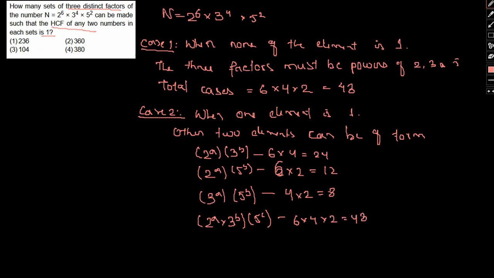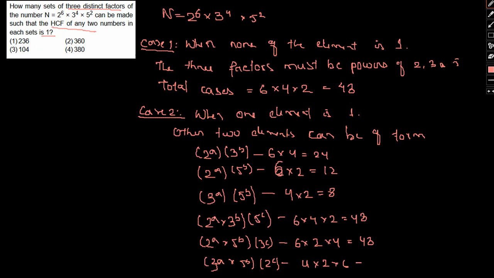So similarly for cases like 2^a, 5^b, 3^c and 3^a, 5^b, 2^c. In these cases as well, 2^a is 6 into 2 into 4, that is 48, and this one will be 3 is 4 into 2 into 6, that is 48.